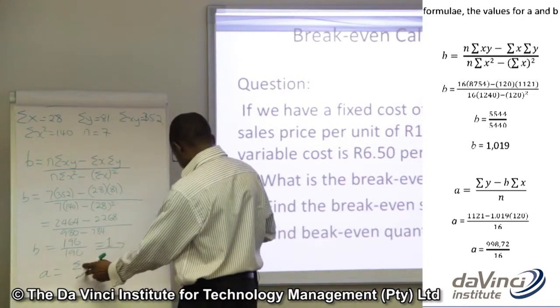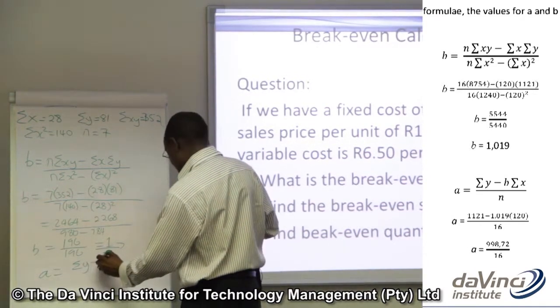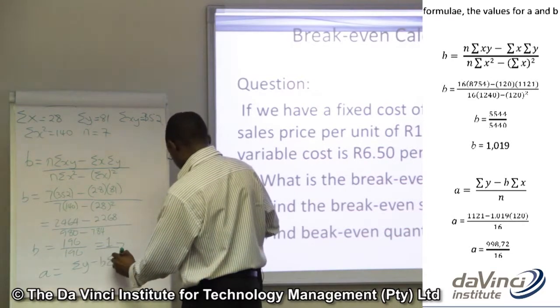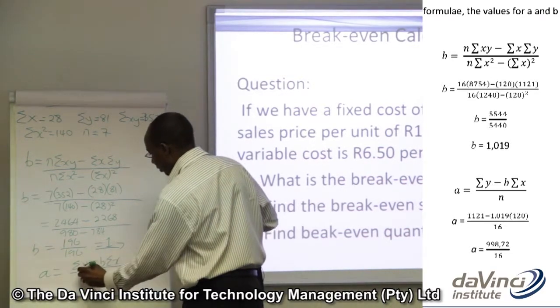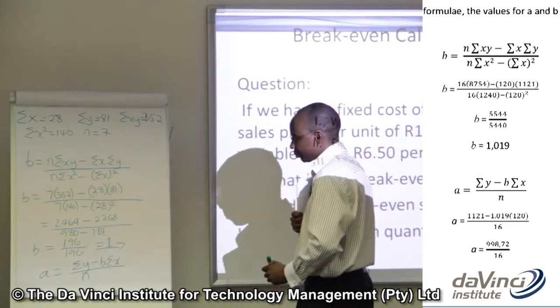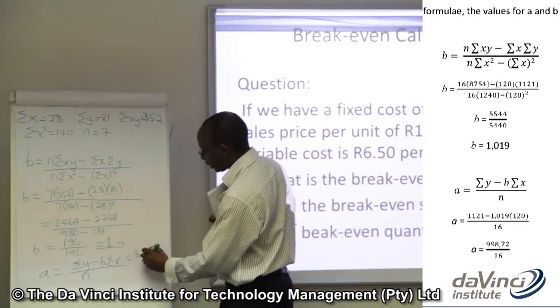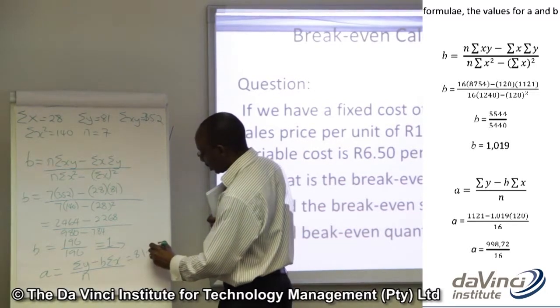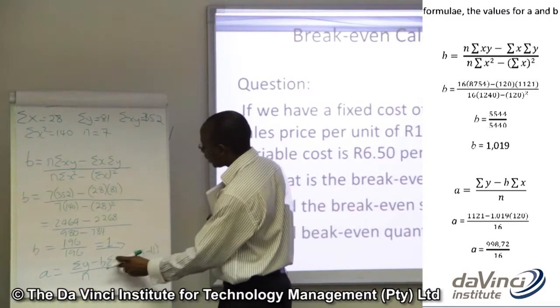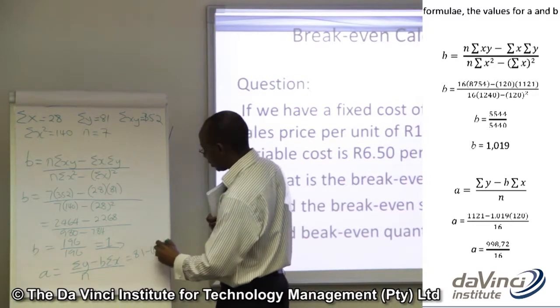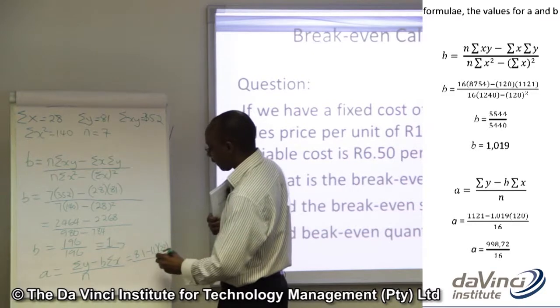Then A is the sum of y minus b times the sum of x, over n. The sum of y is 81. The value of b is 1. The sum of x is 28, over 7.